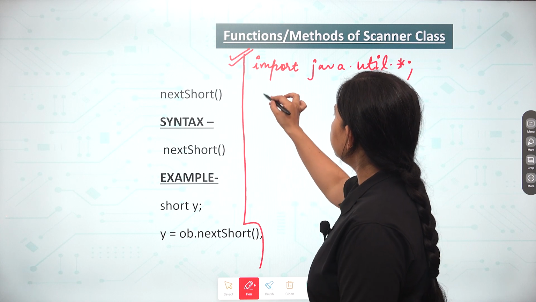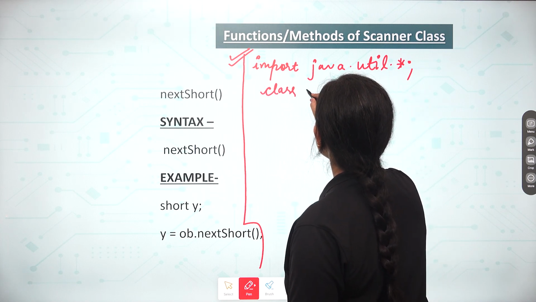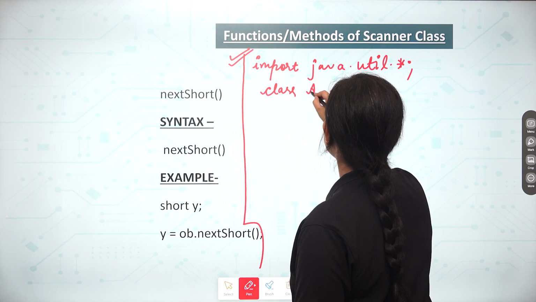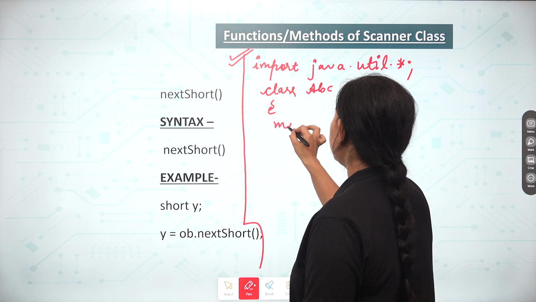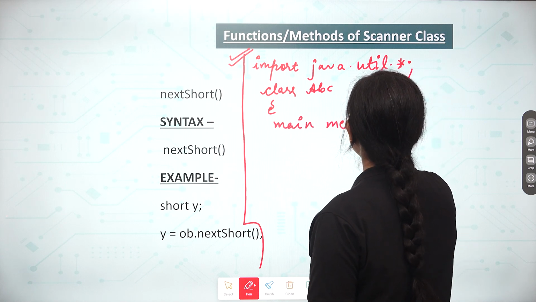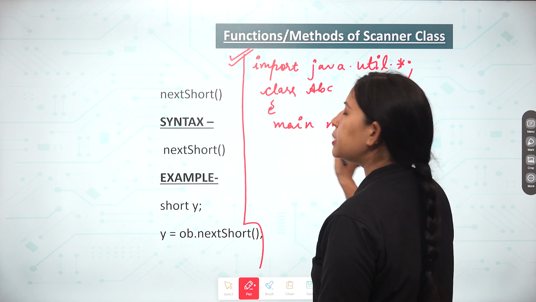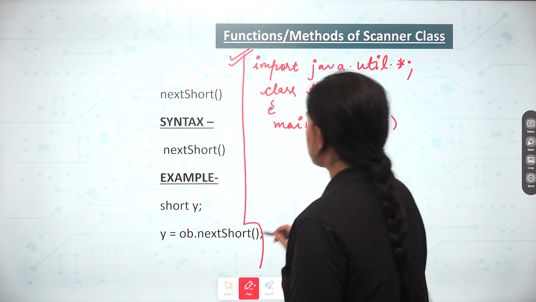Alright. And then class name, and the main method you need to design. Then we create the main method. Main method means public static void main. I'm just writing the one syntax over here.